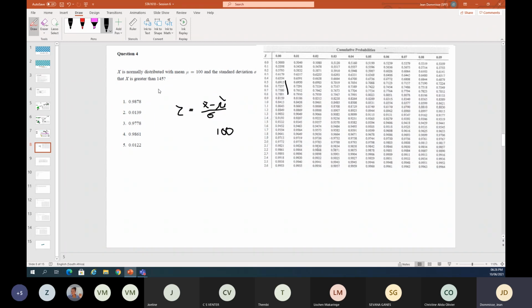It's probably under there. That X is greater than 145. Okay, greater than. The previous one was less. Less, we add that. This one is greater than, so we need to use the bigger. Let me see if I can quickly move.